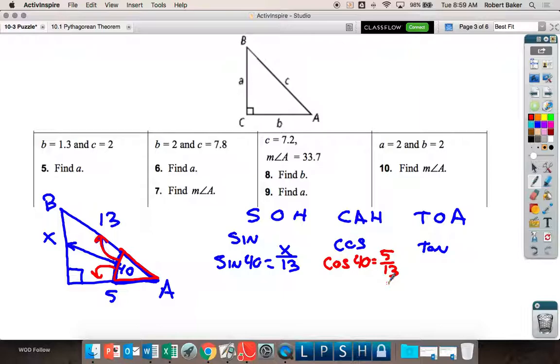And tangent, we just looked at tangent. Tangent is opposite over adjacent. That's the only trig function that does not use the hypotenuse. So the tangent of 40 is equal to opposite over adjacent. Just setting up the ratios.